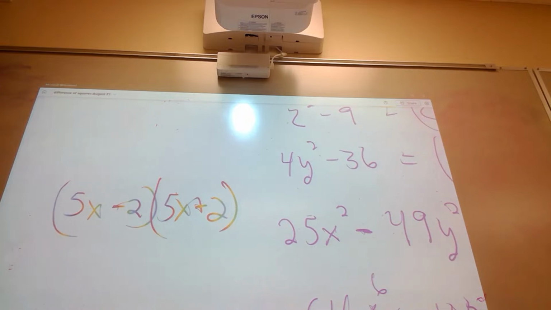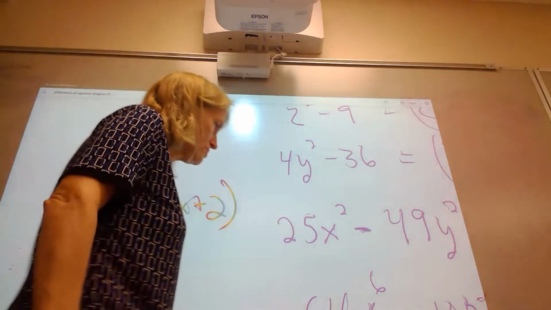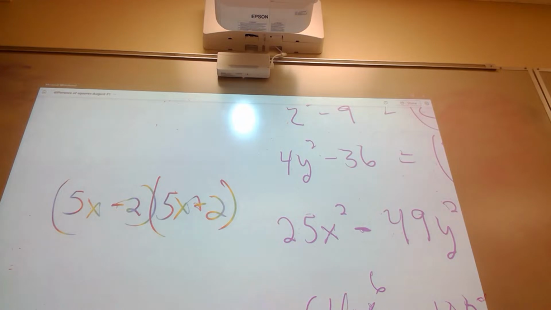How about this one? 64x to the 6 minus 100. The square root of x to the 6, what times itself gives you x to the 6?